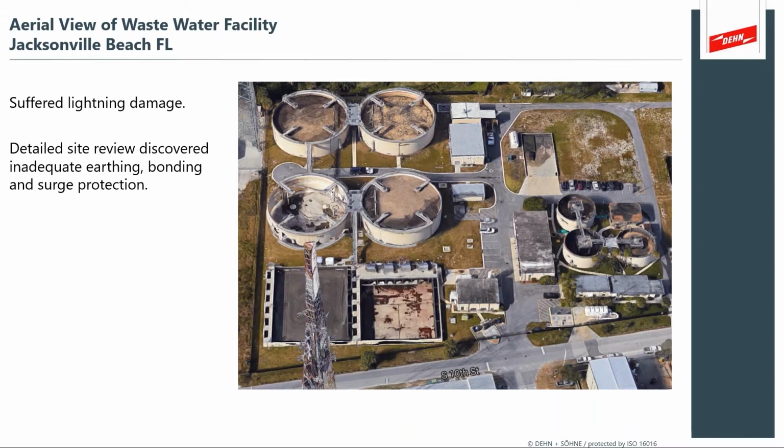So this is a great example of having a very complex system put in place, but some of the key pillars of lightning protection were missed and resulted in extensive damage to the system. And it turned out that the damage far exceeded the cost of doing it right the first time.